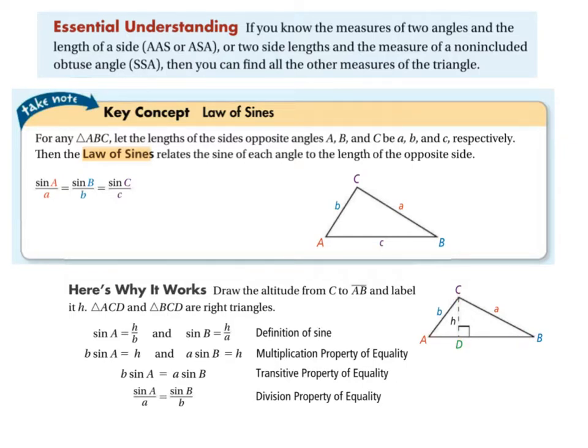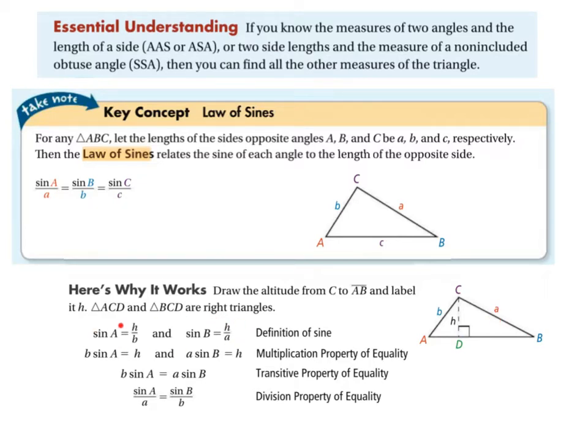The sine of this angle A for this little triangle is going to be its opposite side length, h, over its hypotenuse b, h over b. And the sine of this angle B will be its opposite side length for this right-hand triangle over the hypotenuse of a, h over a.